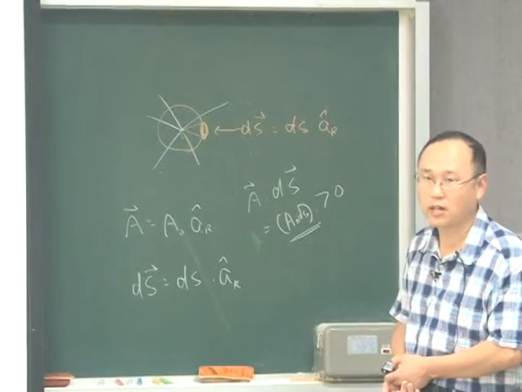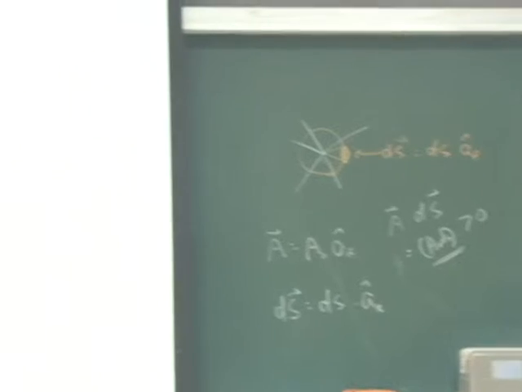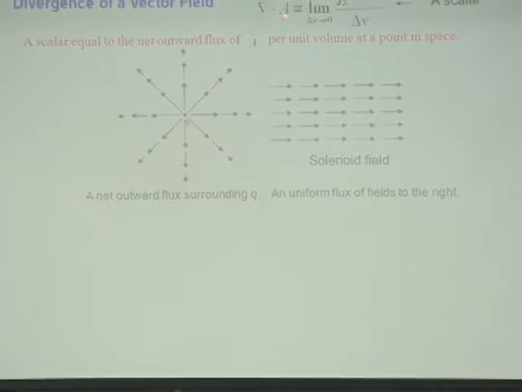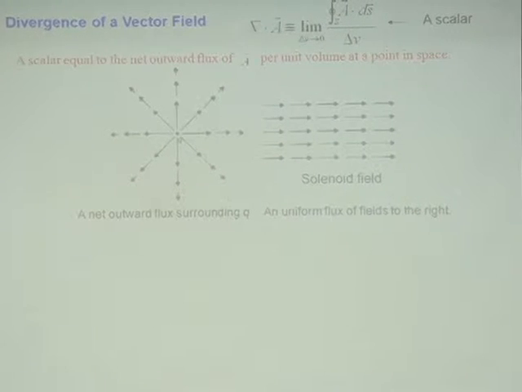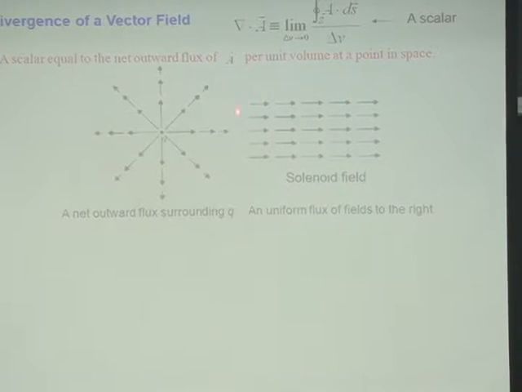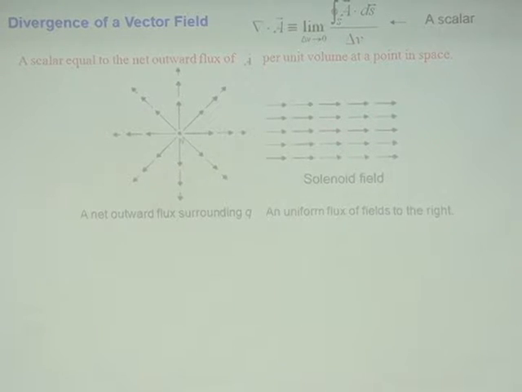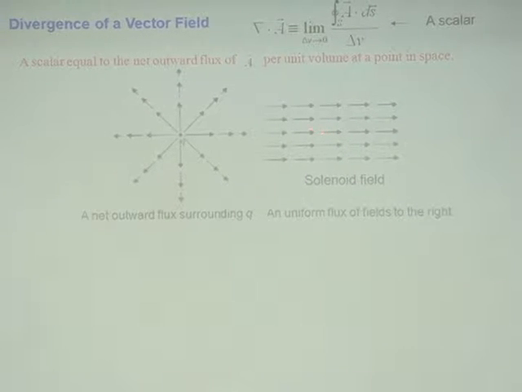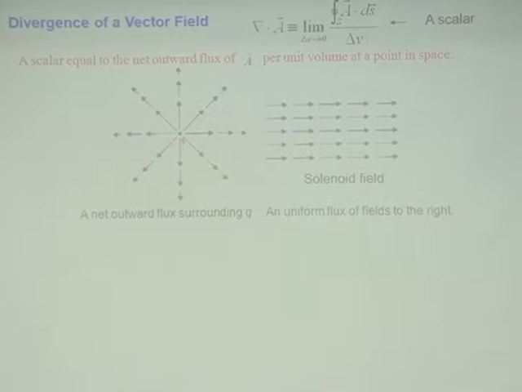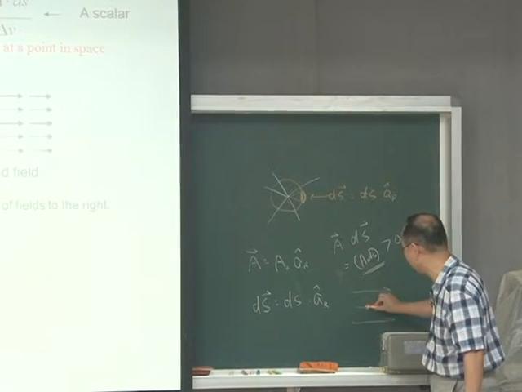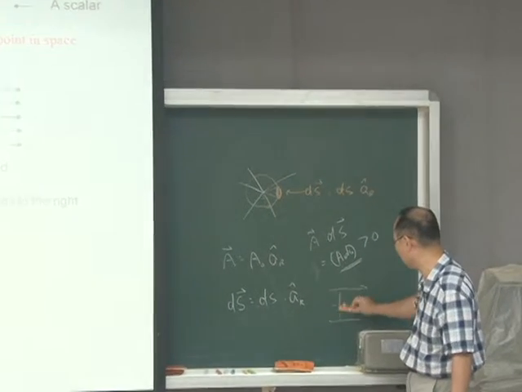So if you calculate the divergence of A at this point, then you get something. All right? But look at this field called solenoid field. If you calculate the divergence of A at any point in space, say you pick a point right here and then construct a surface.